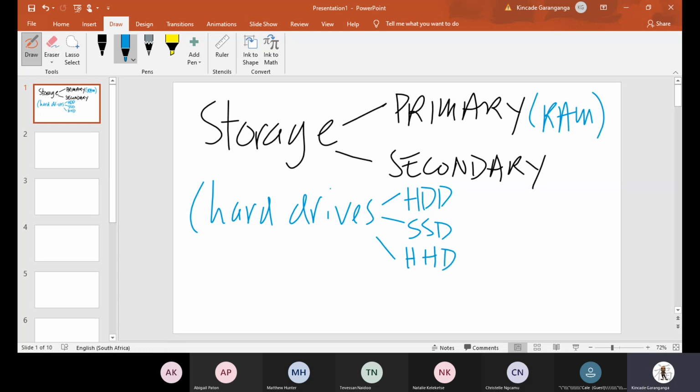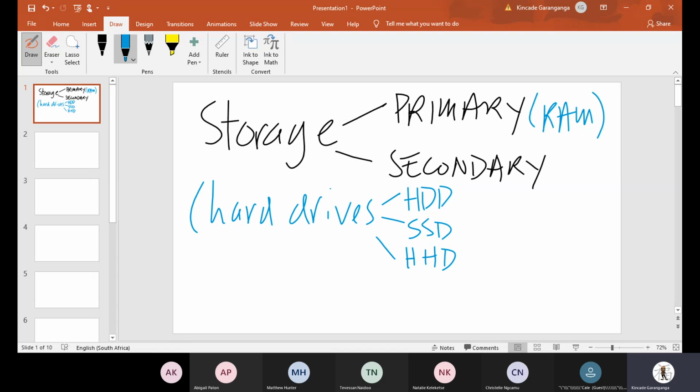Typical examples of the different types of drives that you can find. When it's HDD, that's short for hard disk drive, normally associated with magnetic hard drives, which we'll look at in a moment. And then you've got solid state drives, which are your SSDs.